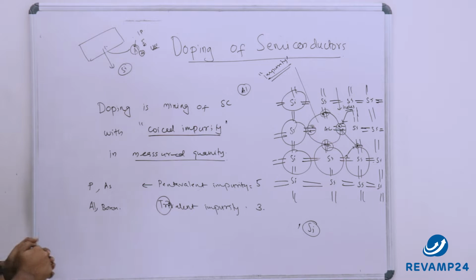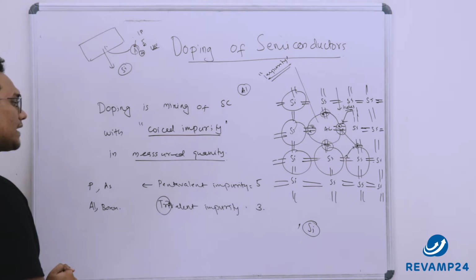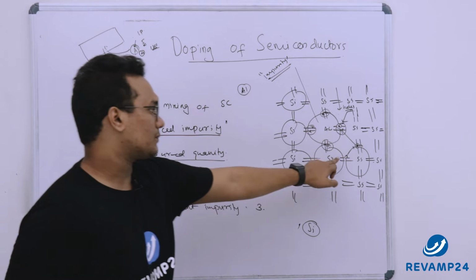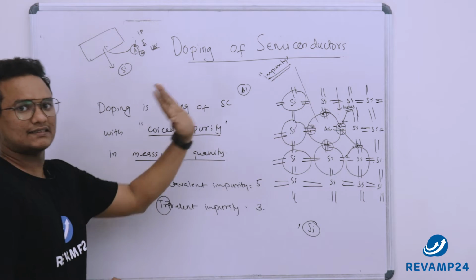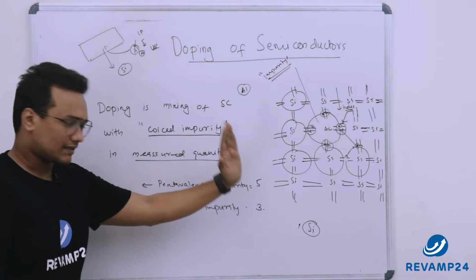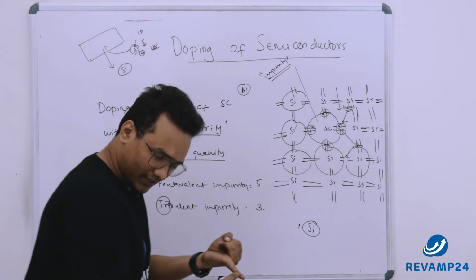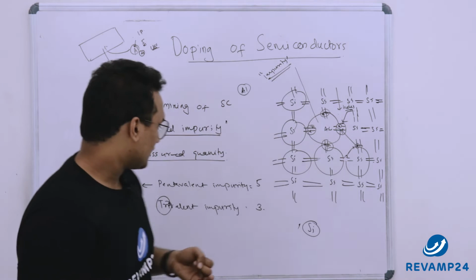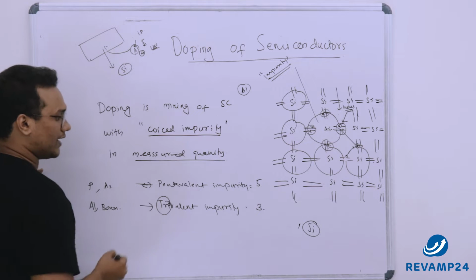Now this goes the same with adding trivalent impurity. In that case, an excess hole is made, but the whole extrinsic semiconductor crystal is neutral. Now there is the intrinsic semiconductor, which is neutral, and the extrinsic ones, of which there are 2 types: adding pentavalent impurity and adding trivalent impurity.